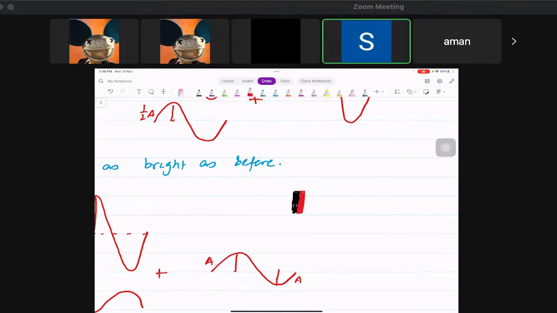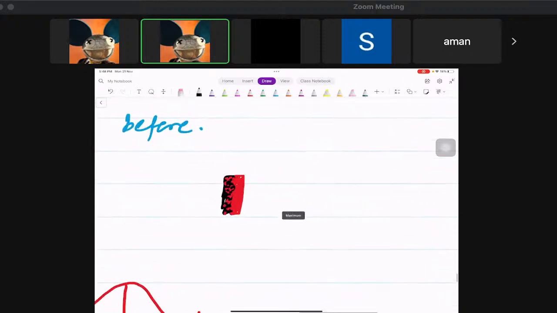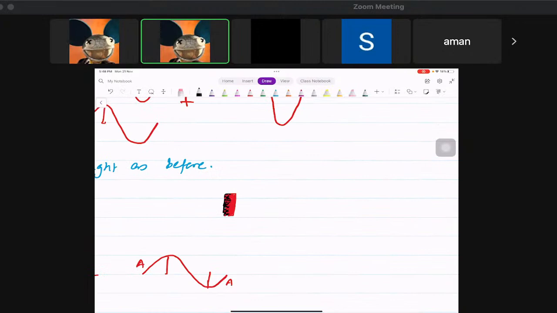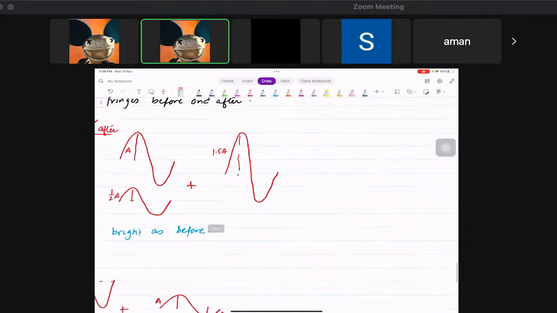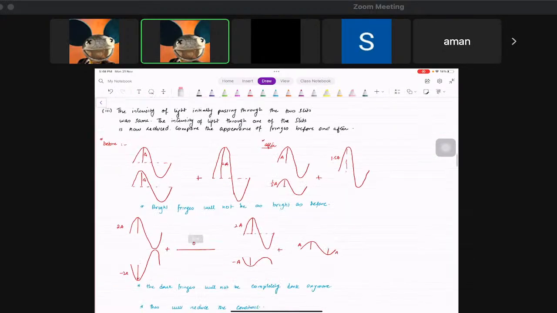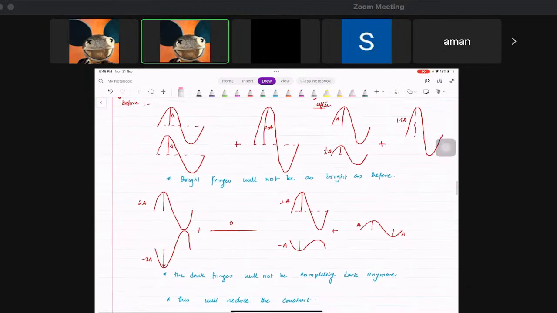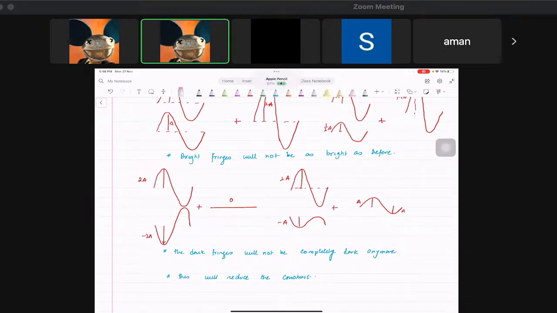Now if it has a little bit of red in it, this is not a good contrast because now dark is not completely dark and the color is not completely red. Understood? So if it doesn't cancel everything, it means the contrast is going to decrease. Contrast is basically how identifiable two colors are. Do you get my point? How the boundaries are?